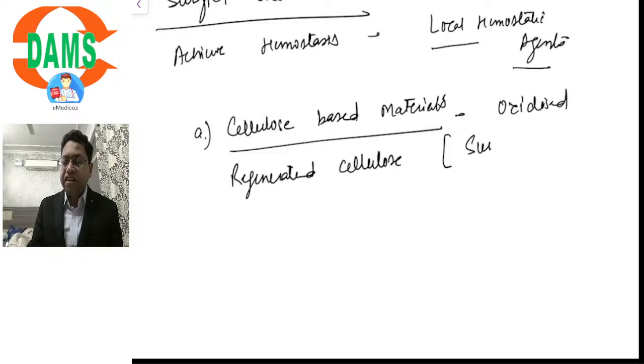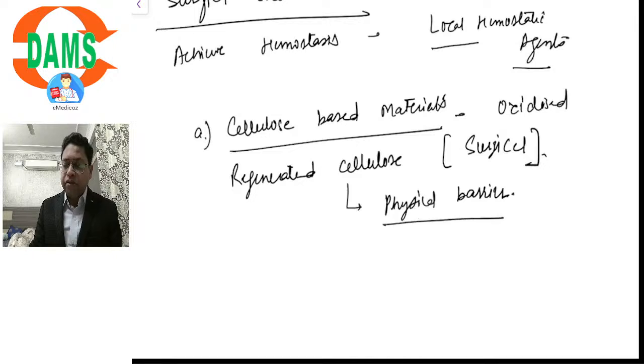Example is Surgicel. These regenerated cellulose materials act as a physical barrier. They have no chemical action on the bony crypt and the blood vessels. Simply, they act as a physical barrier which consists of oxidized regenerated cellulose. Example is Surgicel.